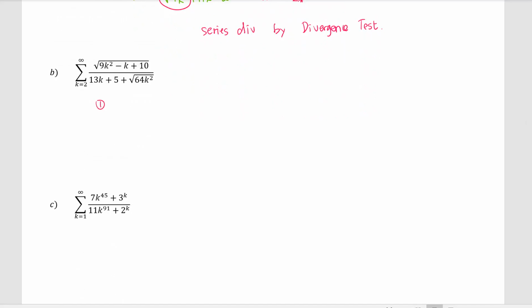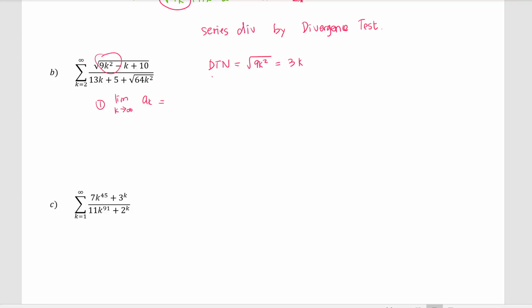The first step, we compute the limit as k goes to infinity of a sub k. What is the degree of the numerator? It's like the square root of k squared. So the dominant term of the numerator is the square root of 9k squared. The square root of 9 is 3, and the square root of k squared is k because we're assuming k is positive.